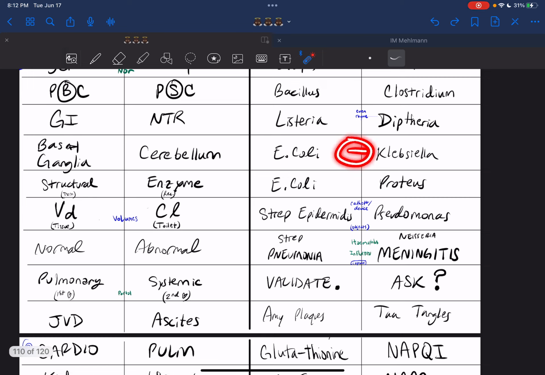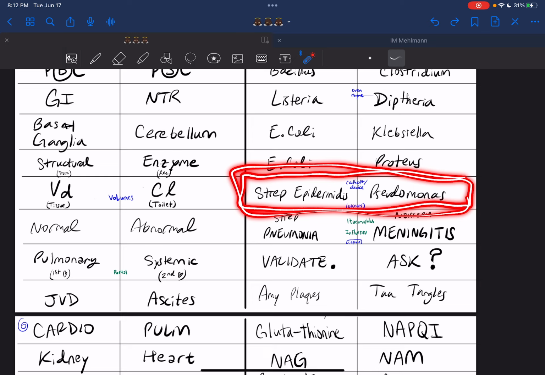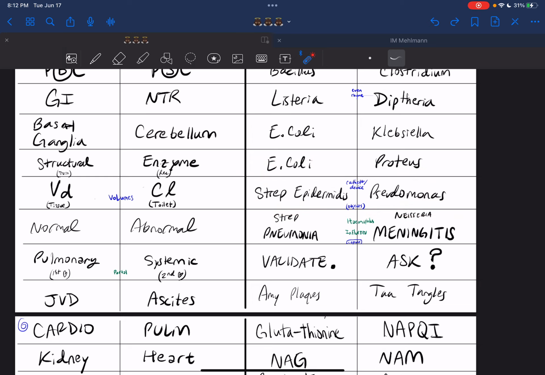E. coli versus Klebsiella are the two big guys for GI stuff I think about. They're gram-negatives. E. coli versus Proteus are the big pair for UTI, urinary tract infection, nasty stuff down there. Staph epidermidis versus Pseudomonas is the pair for hospital devices, getting infections from them.